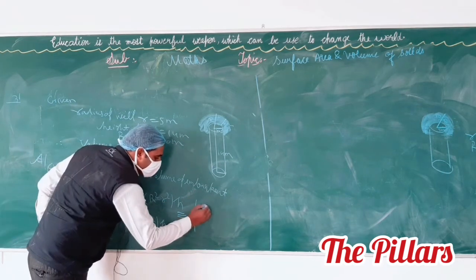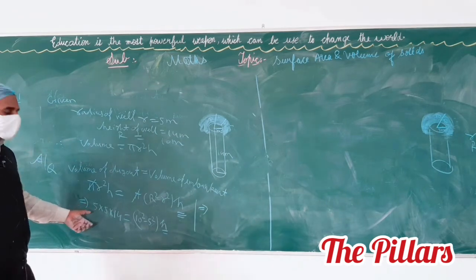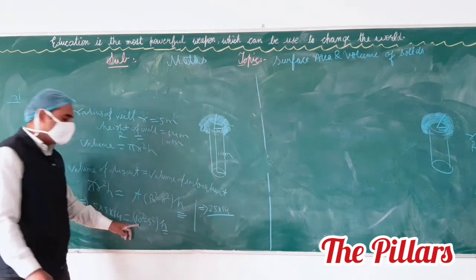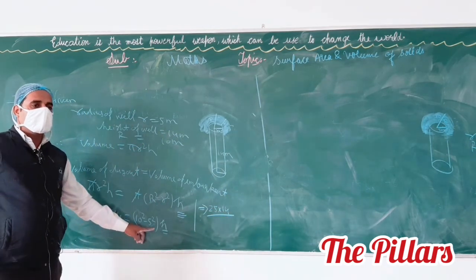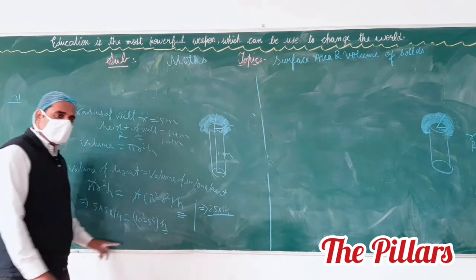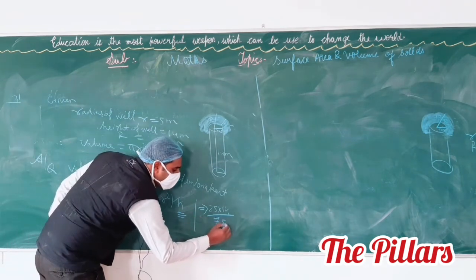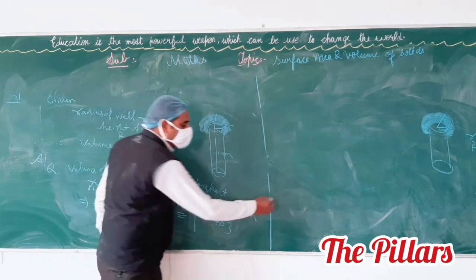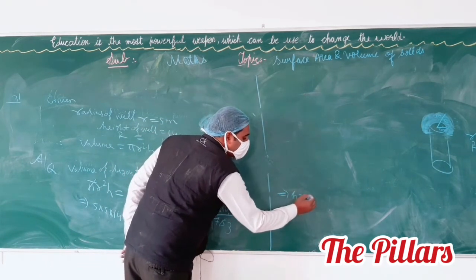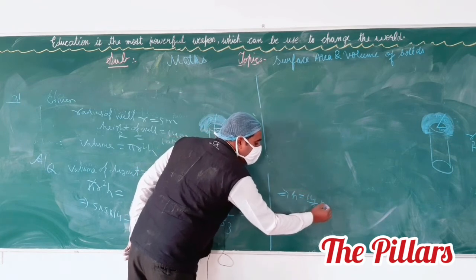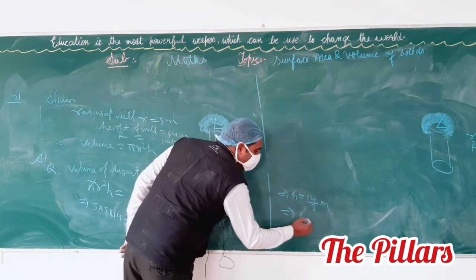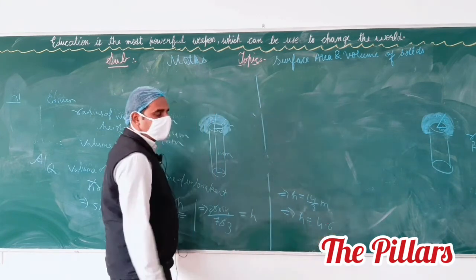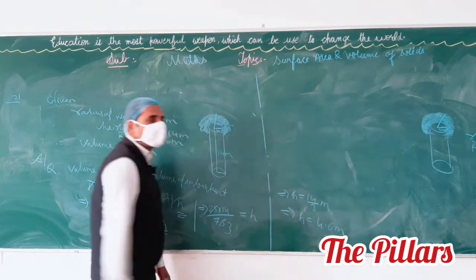This implies 5 fives are 25 into 14 divided by 10 tens are 100 minus 5 fives are 25. This will be 75, and we divide: 25 threes are 75. So the value of h is 14/3 meter, or 3 fours are 12, about 4.6 meter.